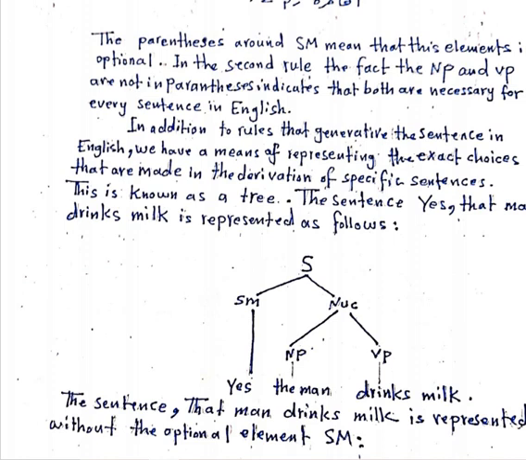In the second rule, the fact that noun phrase and verb phrase are not in parentheses indicates that both are necessary for every sentence in English. What does this mean? Noun phrase and verb phrase are necessary for every sentence.